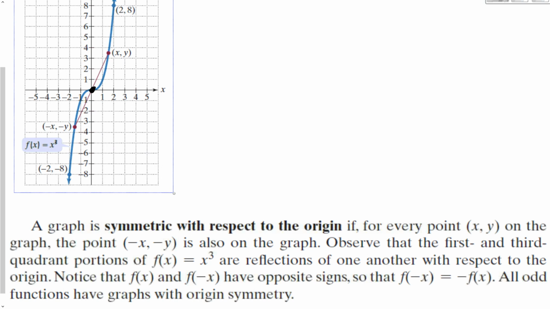And observe that the first and the third quadrant portions of f of x equals x to the third are reflections of one another with respect to the origin. Notice that f of x and f of negative x have opposite signs, and all odd functions have graphs with origin symmetry. If you flip them over, they will look the same.